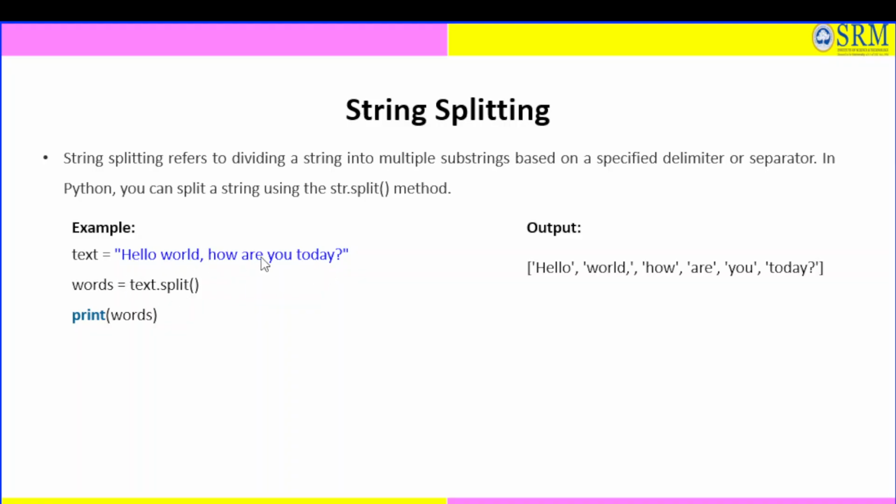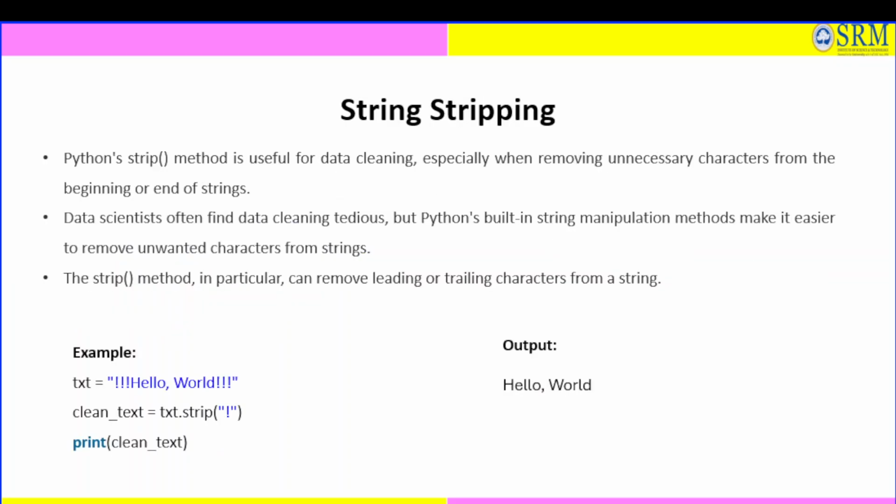You are going to split these 6 words. Text is an object, so whenever I call the text dot split method, it splits the text and prints the result as a list, like this.